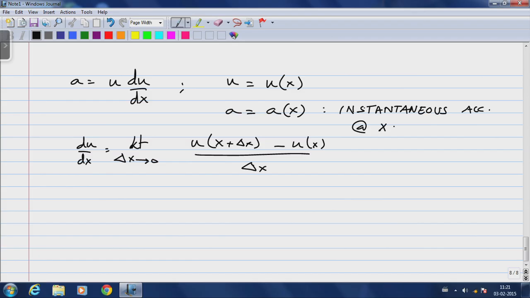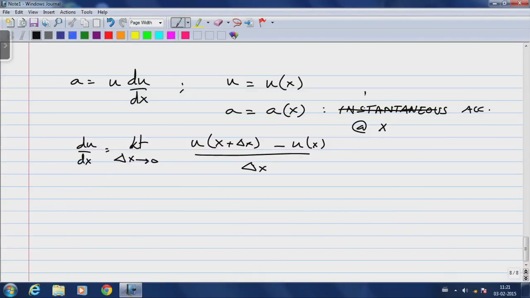It is not instantaneous in the context of it being a time instant, but it is instantaneous in the context of it being at a localized spatial location. So, you can talk of this not as instantaneous, but it would probably be more appropriate to call it the local acceleration. So, at the particular location I have an estimate of the acceleration.